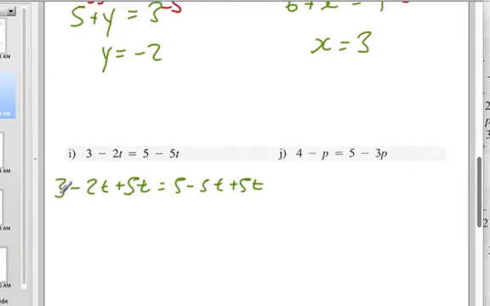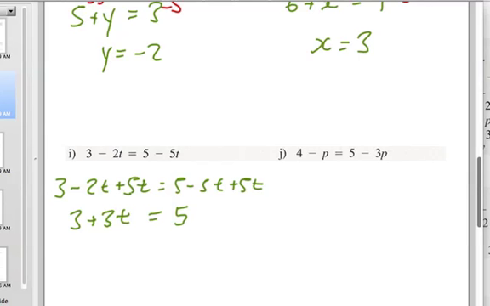So now I'm going to simplify. 3 subtract 2t plus 5t is 3 plus 3t. And the right-hand side of the equation simplifies to be 5 minus 5t plus 5t. Well, minus 5t plus 5t is 0, so we've eliminated the term with the variable from the right-hand side of the equation by adding 5t.